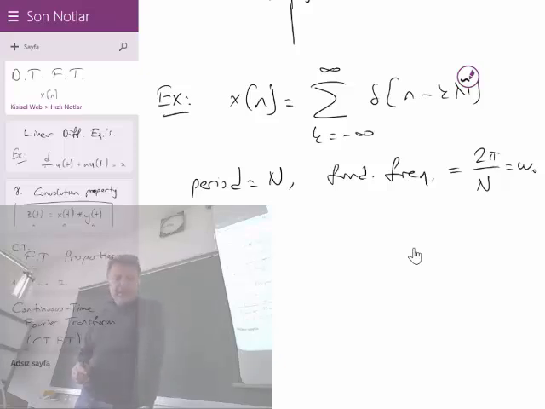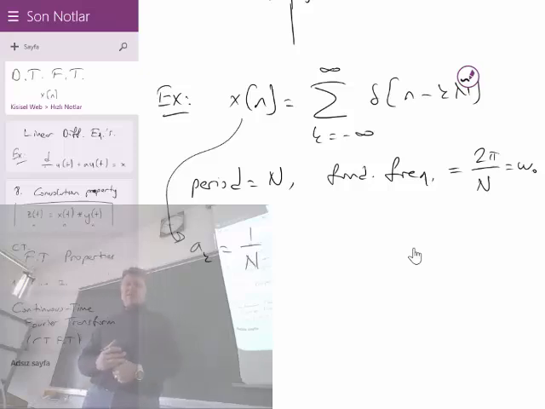Do you remember the Fourier series coefficients of this signal? If you don't remember, please check back your notes. They happen to be the same: 1 over capital N, for all k. So it's not 1, but it's 1 over capital N.